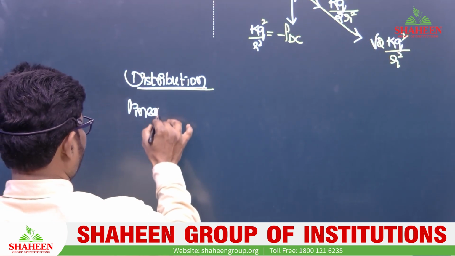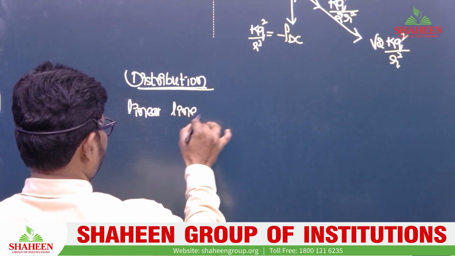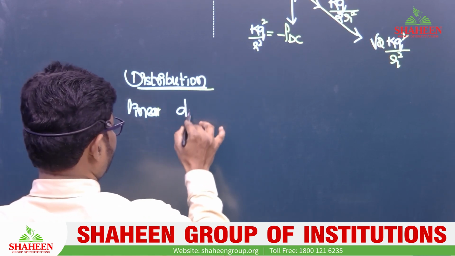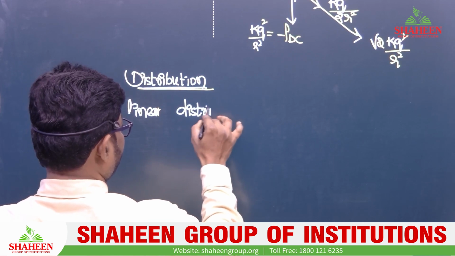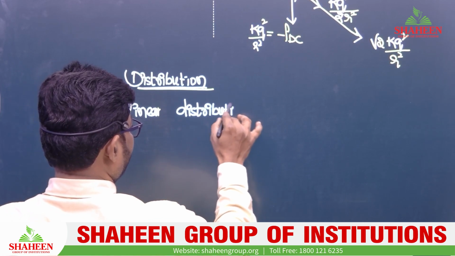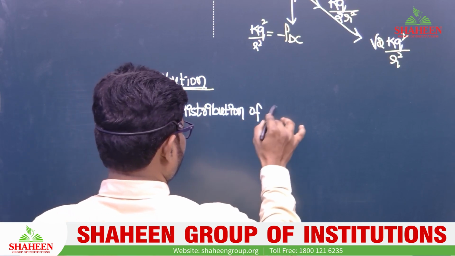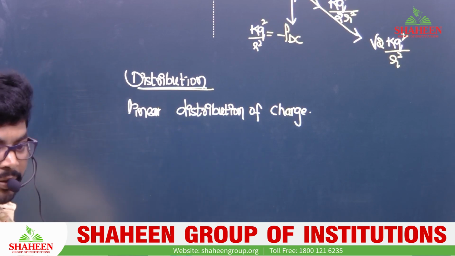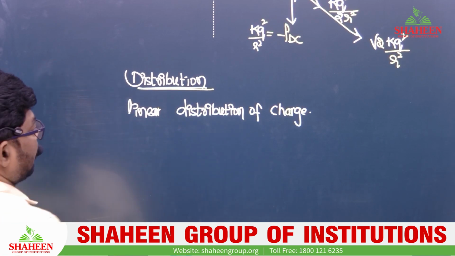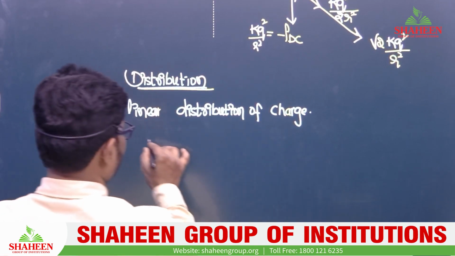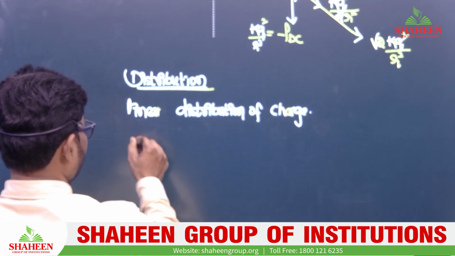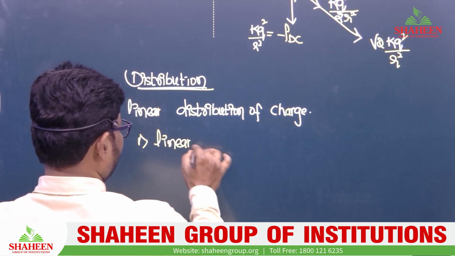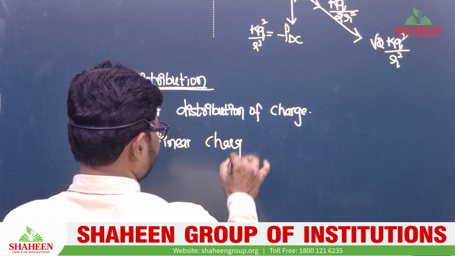The first one is linear distribution of charge, linear charge density.